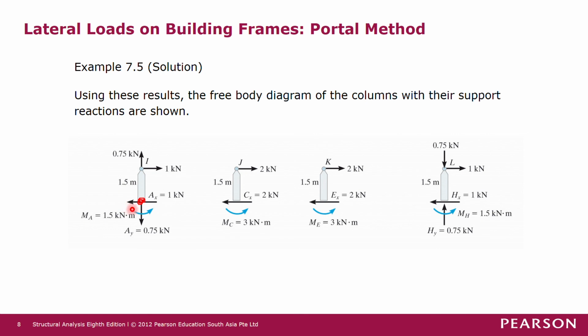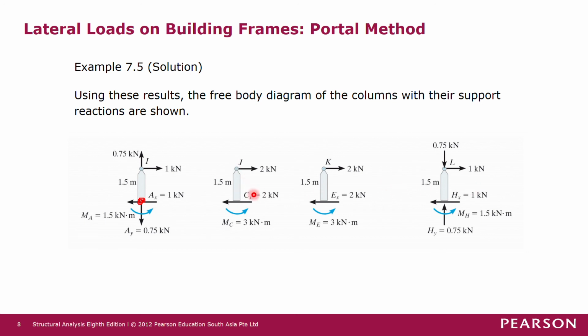So Ma minus 1 times 1.5 equals 0. So we get Ma equals 1.5 kilonewton meter. We get a positive solution from the equilibrium equation, meaning that the assumed direction for Ma is correct as an anticlockwise direction.